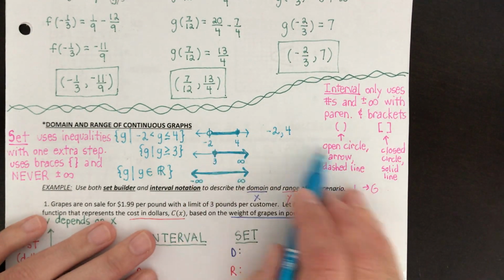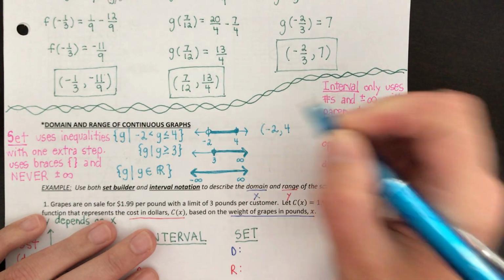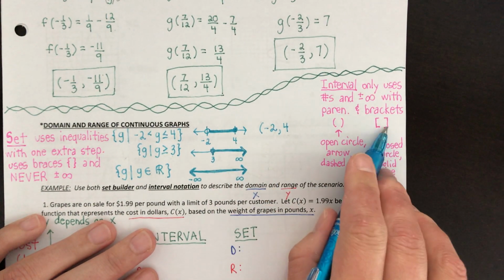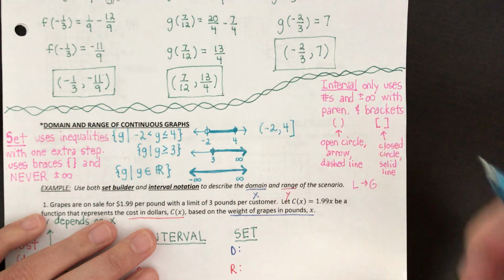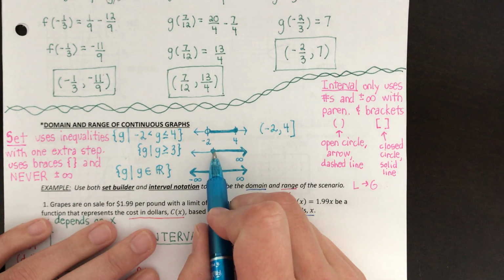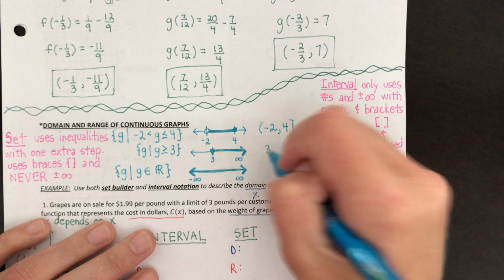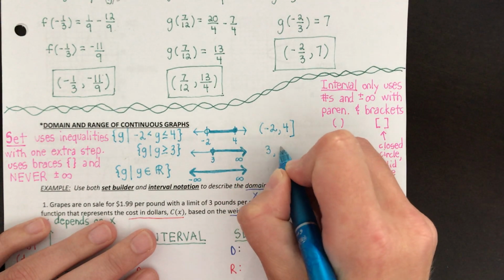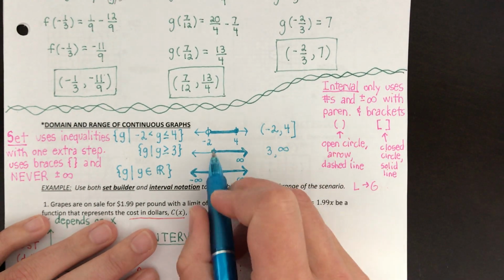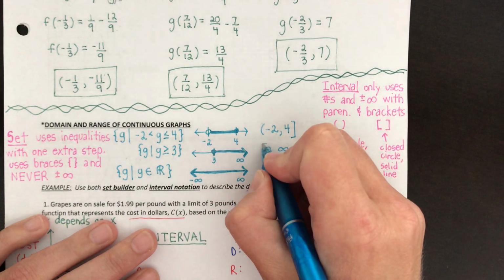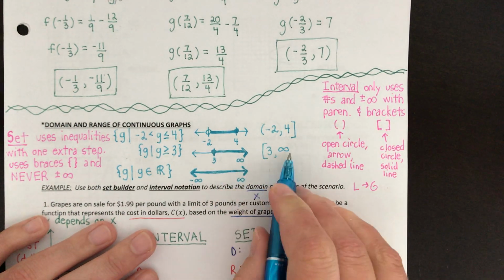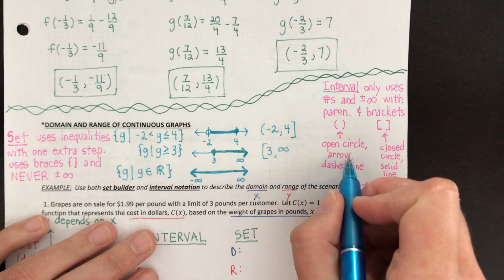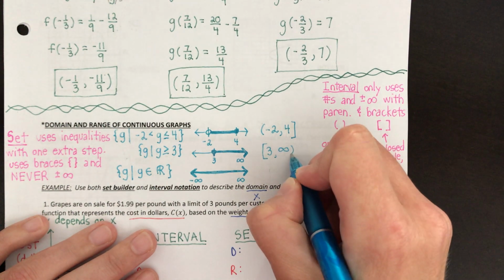Well, -2 is an open circle, so that gets parentheses, and 4 is a closed circle, so that gets a bracket. Okay? Here, my shaded region goes from the lowest value 3 to the highest value being positive infinity. Okay, the 3 is a closed circle, so it gets a bracket. And the infinity is an arrow, so it gets a parenthesis.